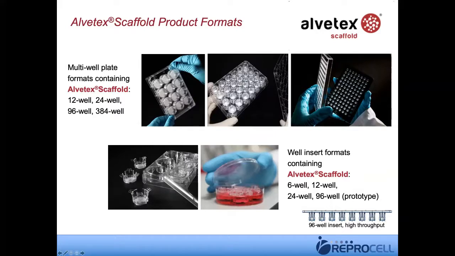We also are in the process of developing 96 well prototypes, as depicted in this image, for higher throughput applications. So these are the products which are available. As I say, if you go to the REPROCELL website, you will clearly see the different formats on the online store.